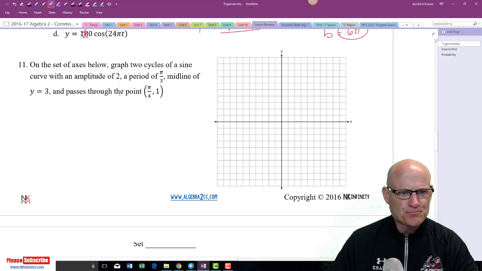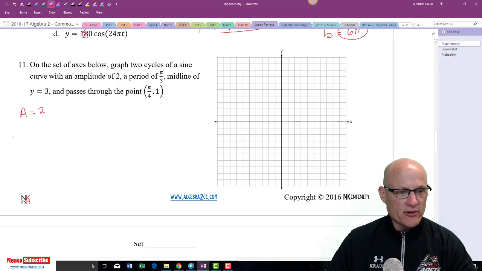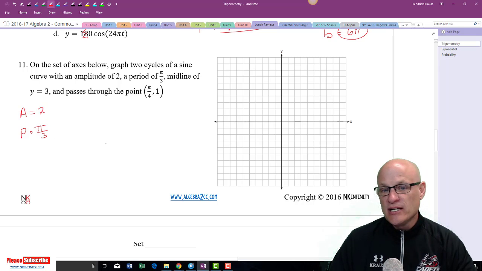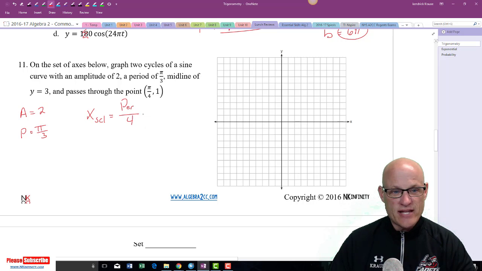Okay, what do we got? Amplitude of 2, a equals 2. We got a period of pi over 3. Now, as soon as I see period, what I'm going to do is figure out my x scale. My x scale, I always define as period divided by 4. Now, why is that? I'll show you in a second for those of you that haven't done this before.